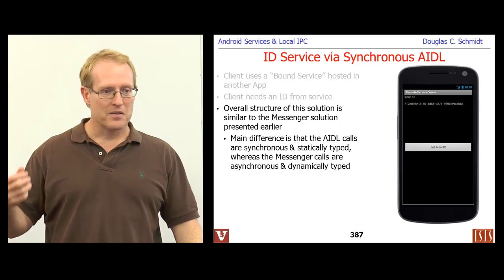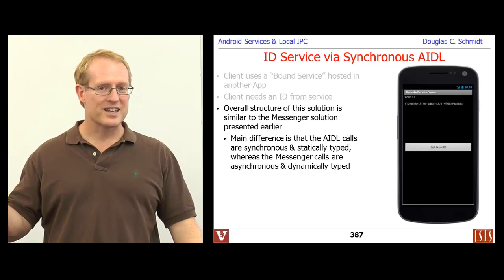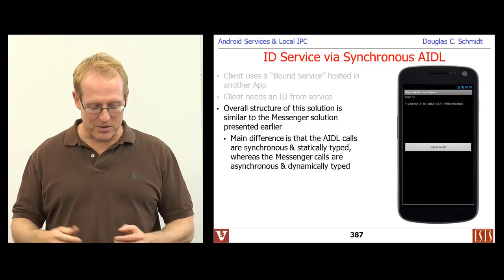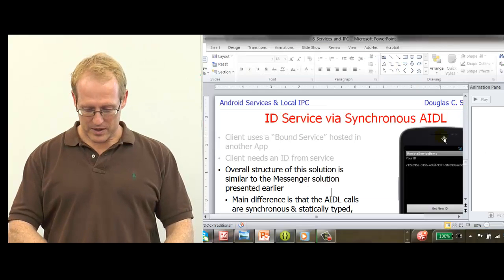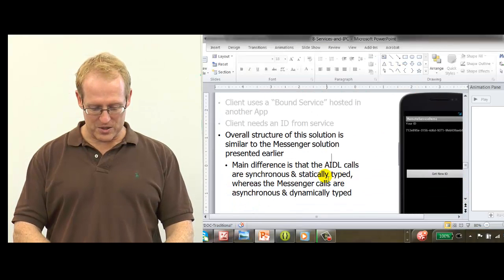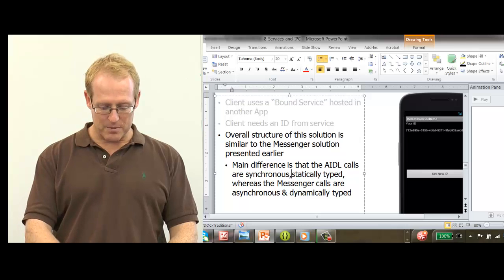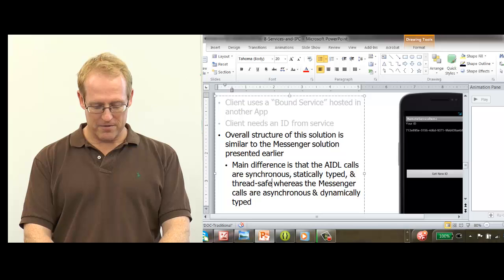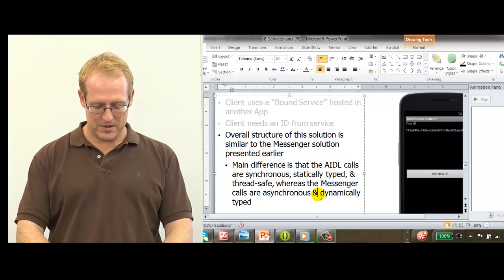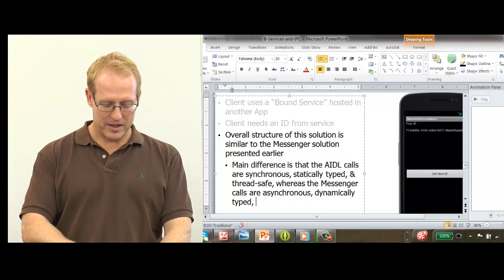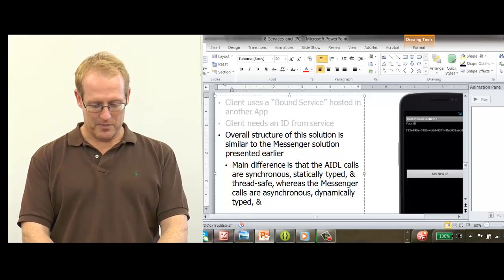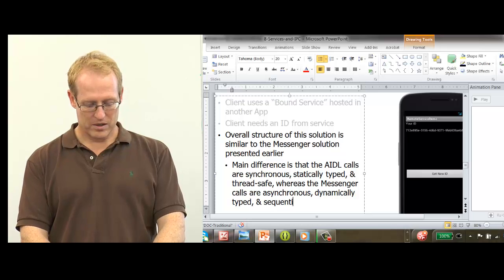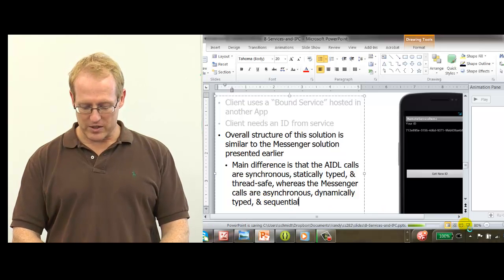In this model, the different requests to the bound service are going to be dispatched in separate threads of control, so you have to make these things thread safe. So I should say they're synchronous, statically typed, and thread safe, whereas messages are asynchronous, dynamically typed, and sequential. Those are some of the ways in which it differs.